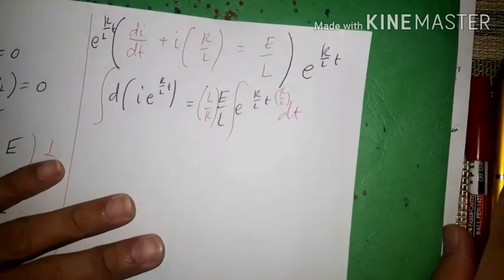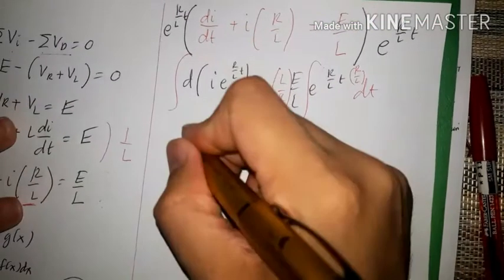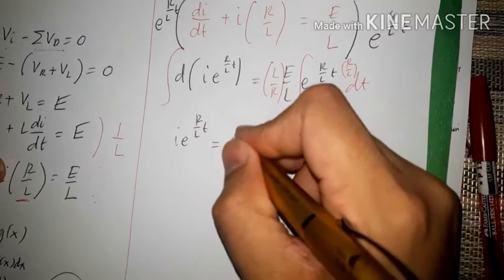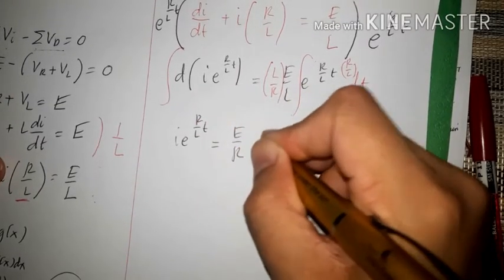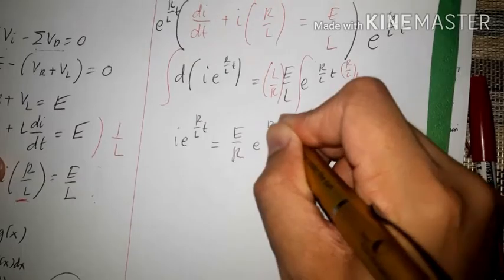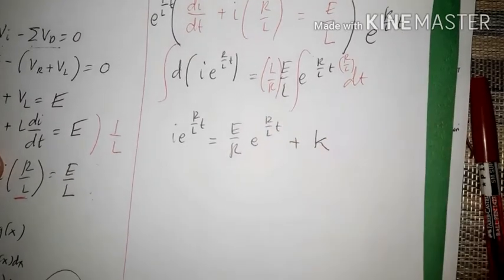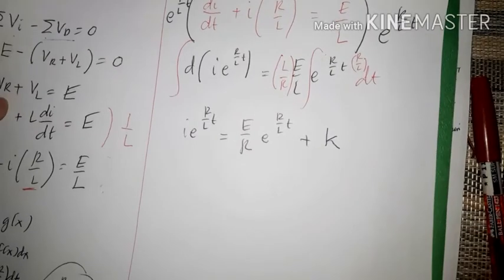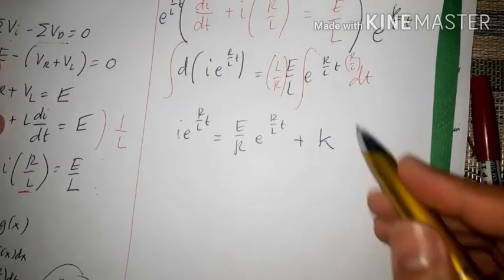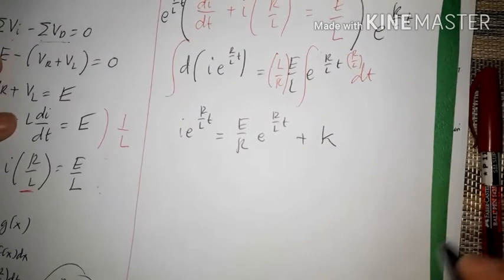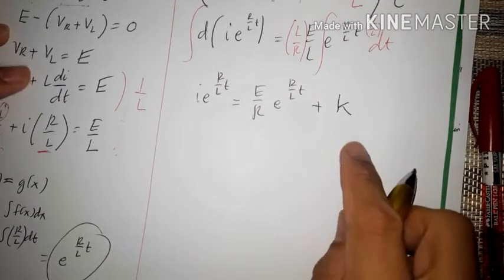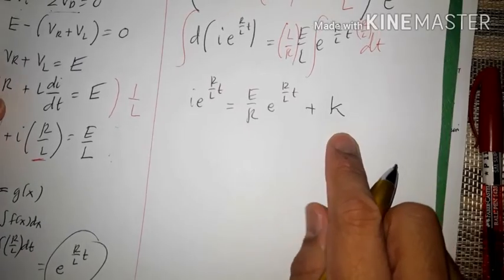So this now gives you I e to the R over L t is equal to E over R, e raised to R over L t plus K. I put K because later we will have a capacitor, and we might get confused with the capacitor C. So I put K for a constant.